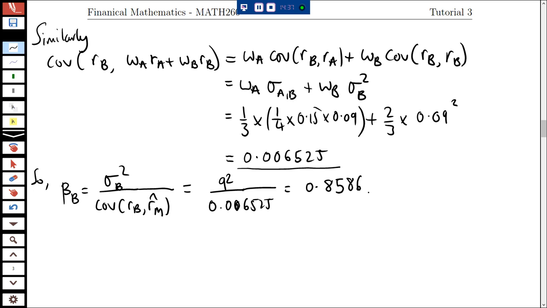So there you go. They're the betas for assets A and B.